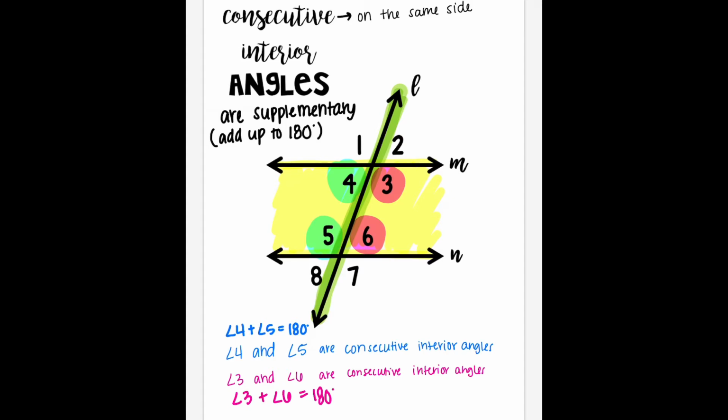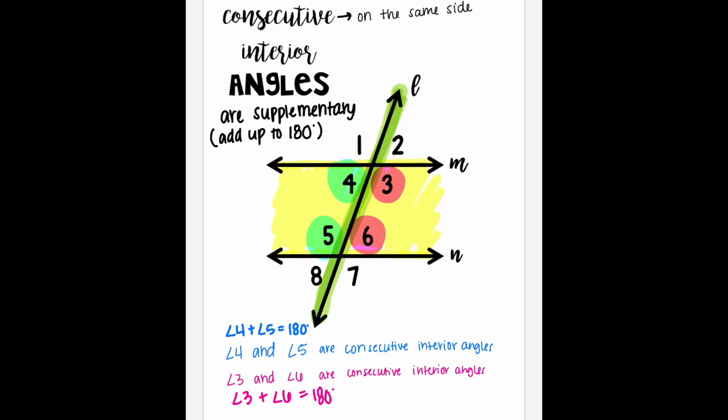So the consecutive interior angles are going to be the pair that's on the left and the pair that's on the right. So the pair on the left is angle 4 and 5. The pair on the right is 3 and 6. They are 2 sets of consecutive interior angles.